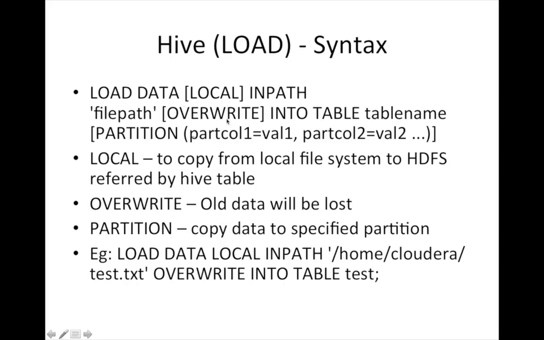So this is the plain syntax of the Hive load command. It's very straightforward and has very few options. Local is the important one for the course at this time.